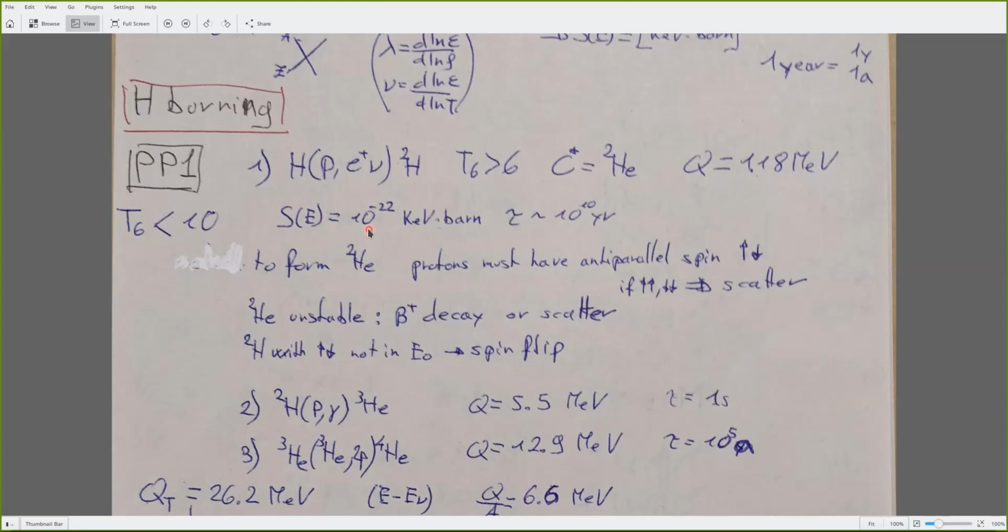For this reason the cross-section is quite low, because you need the right pairing of the two spins, then the beta decay, and then a spin flip to have at the end the deuterium.